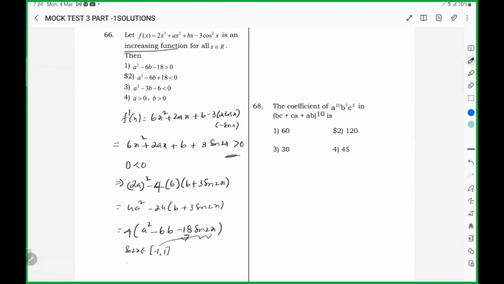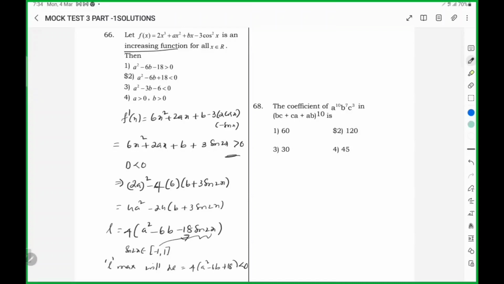For that, it is negative. If you take 1, obviously negative. So say this is some L. L maximum will be 4 times a square minus 6b plus 18.